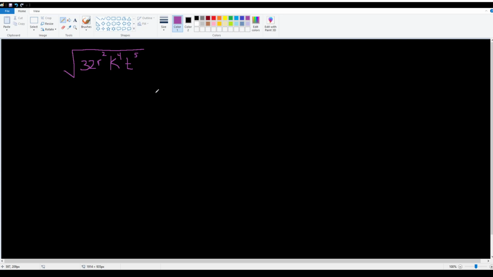With this one, what we want to do is, again, split this up: square root of 32 first, square root of r squared, square root of k to the 4th, and square root of t to the 5th. We're going to work with each of these separately.